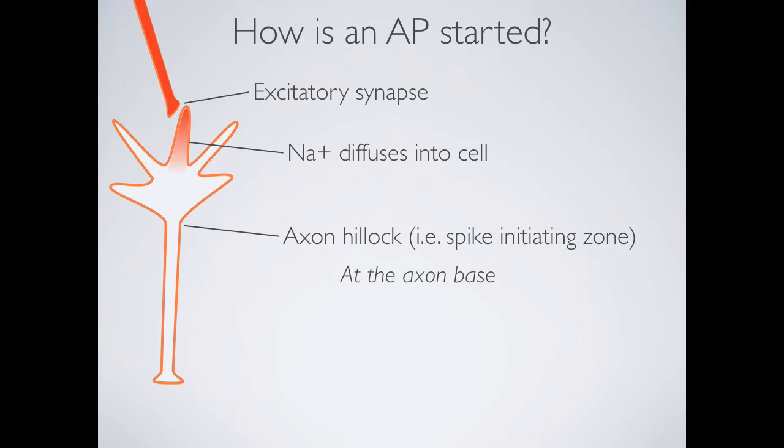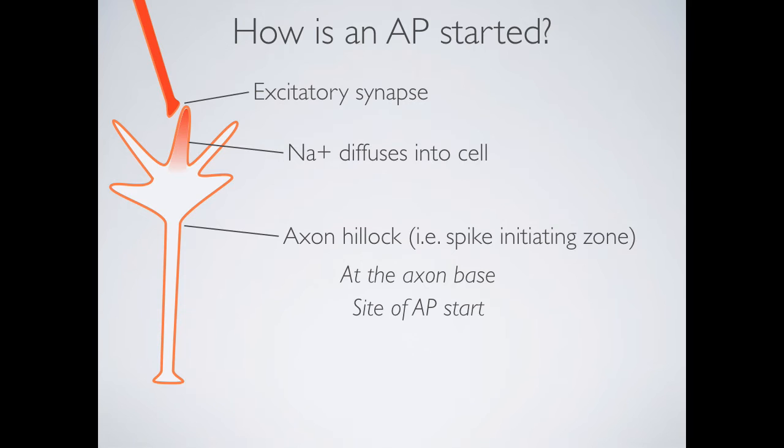We call this bottleneck region, it's an anatomical term, the axon hillock. Since that's showing us where the axon begins, we know that axons have voltage-gated channels. And so that hillock is known as the spike initiating zone because that's where we have the opportunity to generate spikes, which is another term for an action potential.